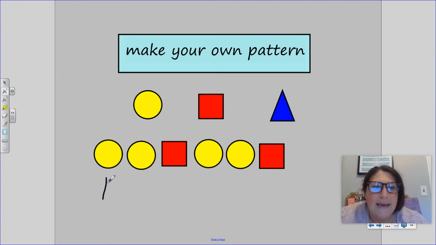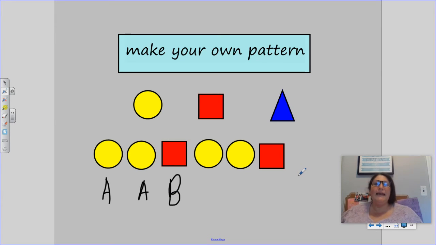So A, and now here's another A because that's the same shape. A, B pattern. And then A, B. So this is an A, B pattern. And that was the one I chose to make.